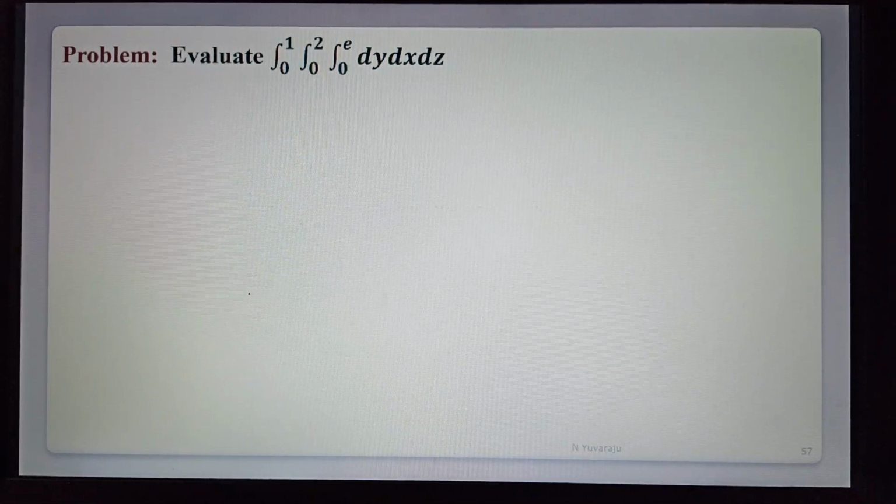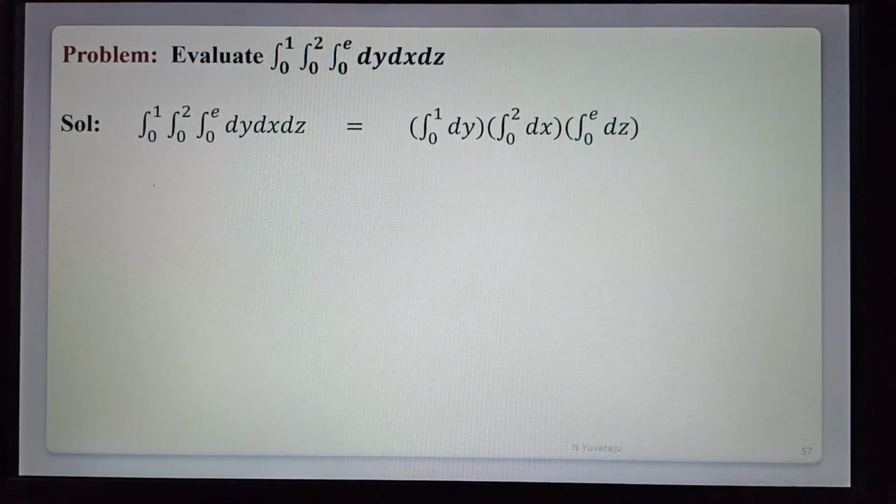So that is equal, by assumption, y limits 0 to 1, x limit 0 to 2, z limit 0 to e. Anyway, choosing the x limit 0 to e or the y limit 0 to e, any one, the result is no change, because all are constants, and integrating with respect to dy dx dz the function is 1.